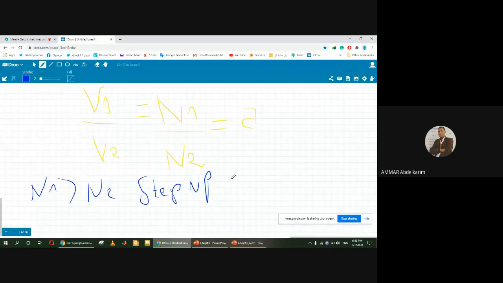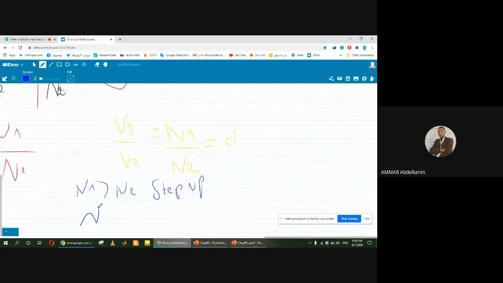Those are the conditions. If N1 less than N2, this transformer is step down. So let's write the step down and step up.